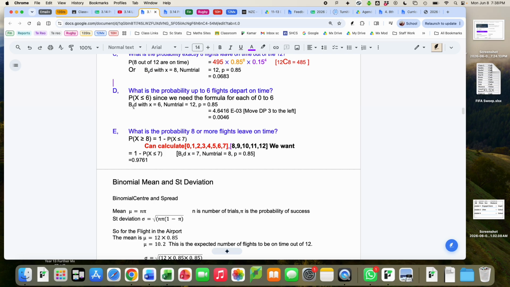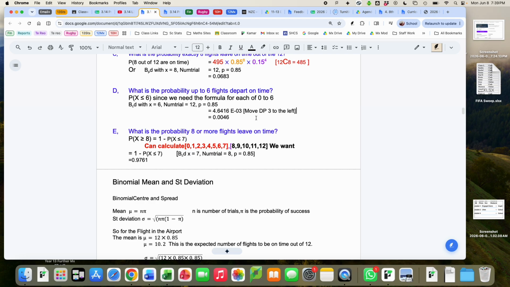C stands for cumulative up from 0. So if I put in x equals 6, num trial 12, probability 0.85, so they haven't changed, it will give me that. It will throw in a bit of standard form. So I've got to move my decimal point to the left 1, 2, 3 spaces. It's actually a really small probability.